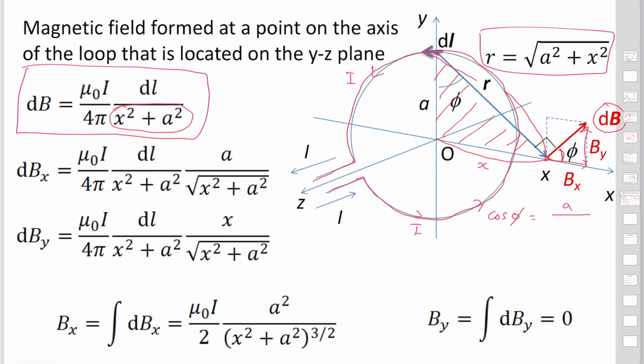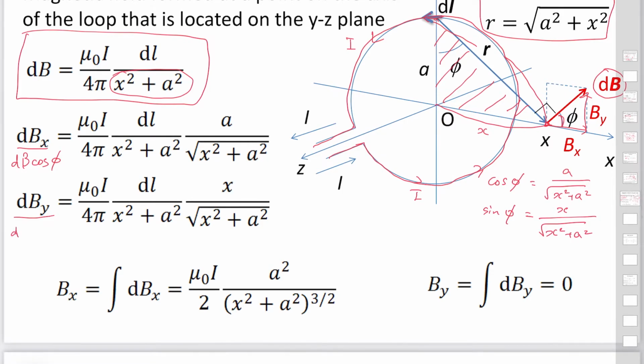It's a over the square root of x squared plus a squared. And sine phi is x over the square root of x squared plus a squared. If you multiply dB by cosine phi, it becomes dB sub x. So dB sub x is dB cosine phi, and dB sub y is dB sine phi. So we have an expression for dB sub x and dB sub y.